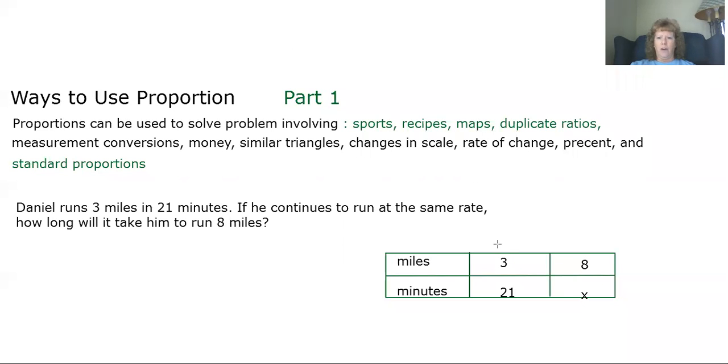So I'm going to cross multiply and find that 8 times 21 is 168. And 3 times X is 3X.